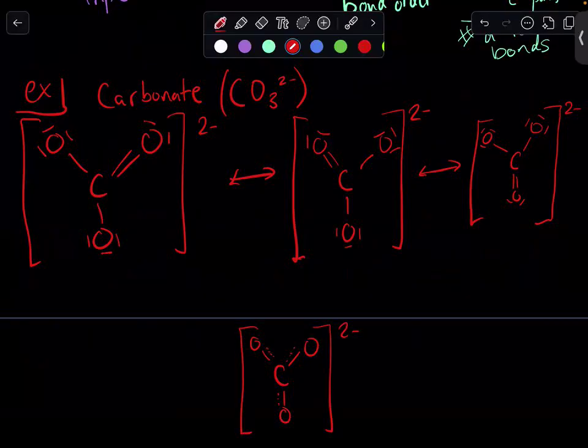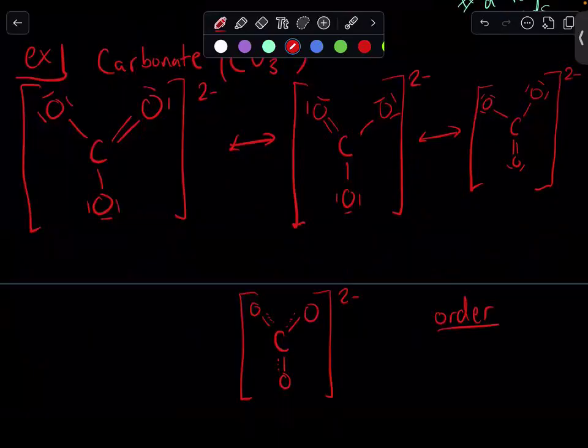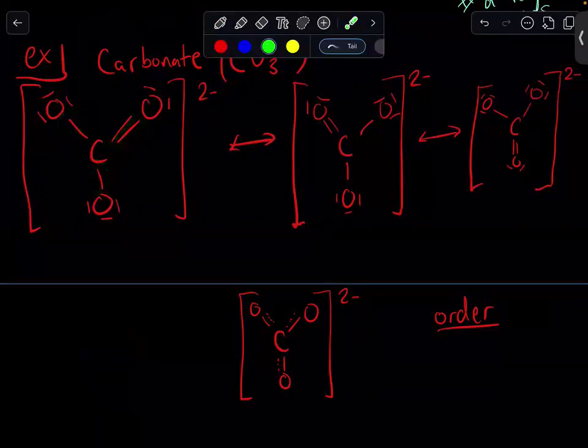So now let's go over bond order. We notice that we have a possible 1, 2, 3, 4 bonding pairs. 1, 2, 3, 4. 1, 2, 3, 4. So our number of bonding pairs is 4.